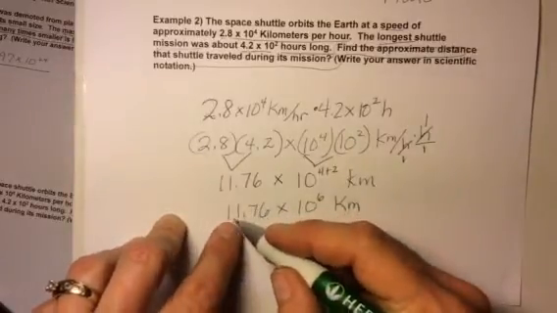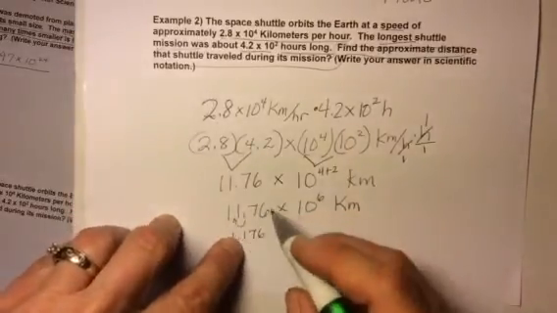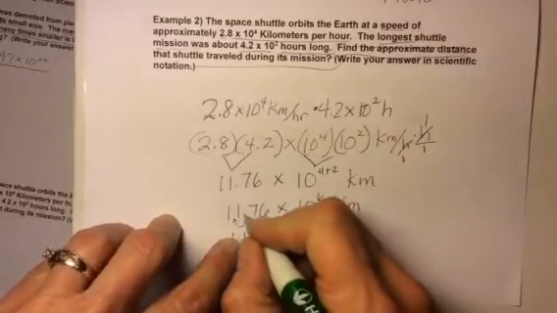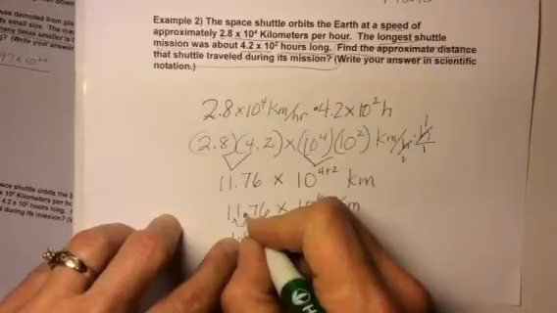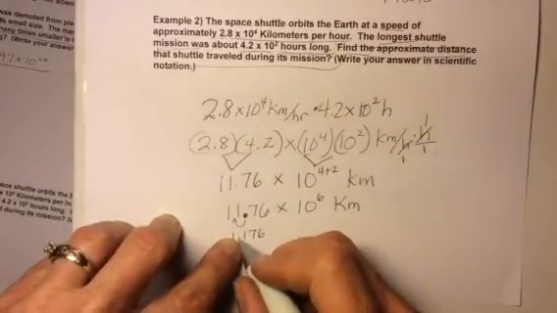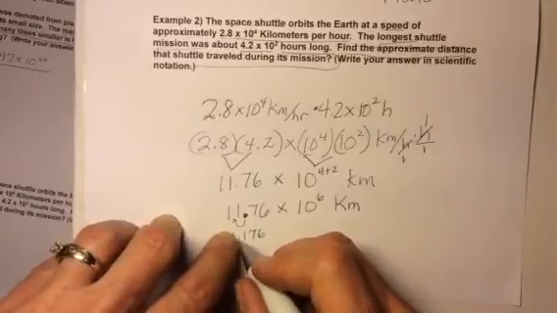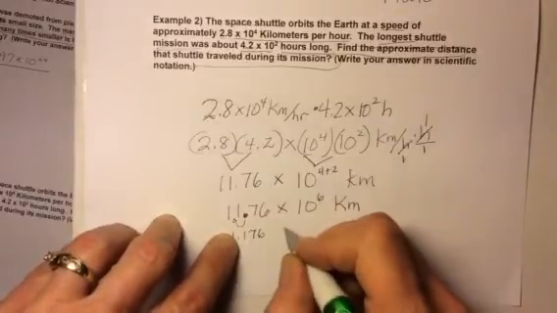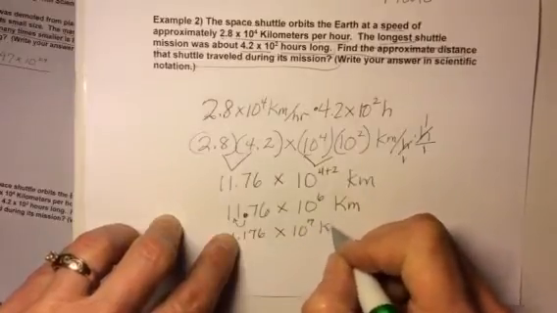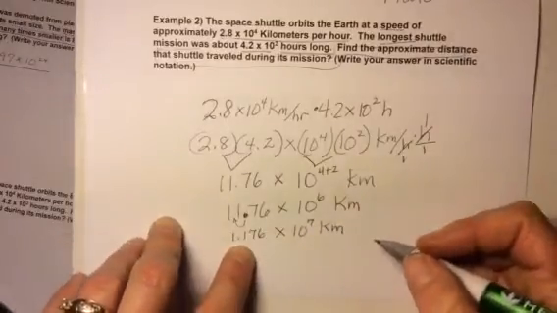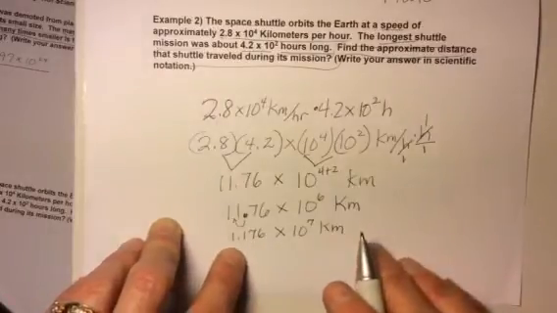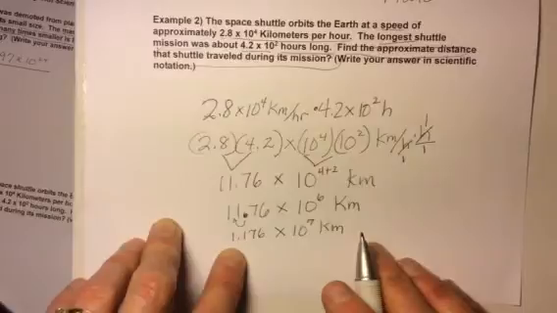Well, if I'm going to move it back 1, then instead of moving it 6 places from here, which would be right there, I have to move it 7 places to get the same answer. So that's going to be times 10 to the 7th kilometers. And so that is our final answer right here: 1.176 times 10 to the 7th kilometers.